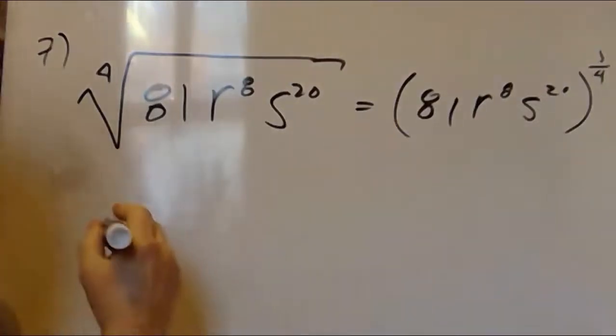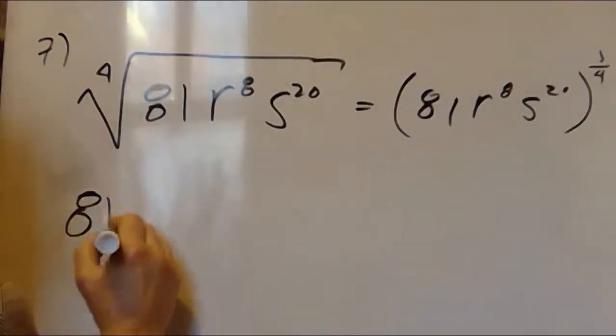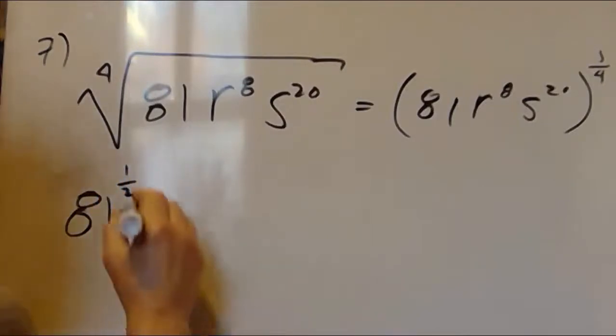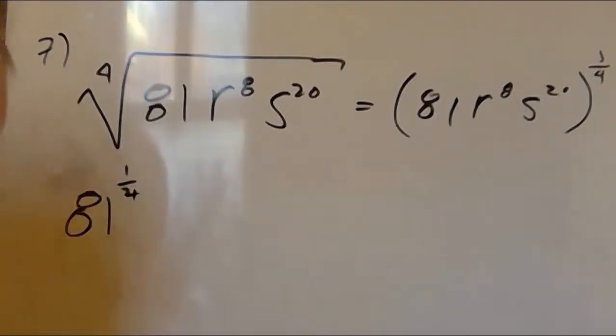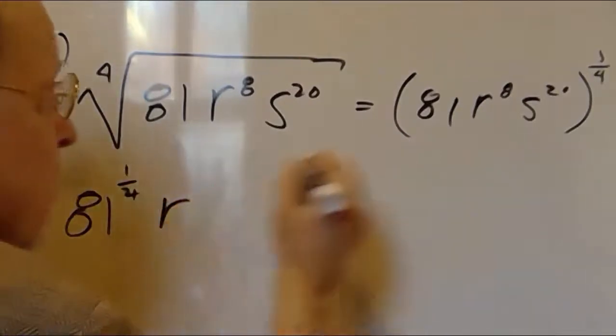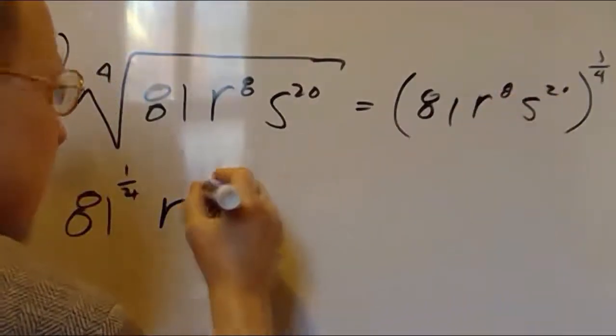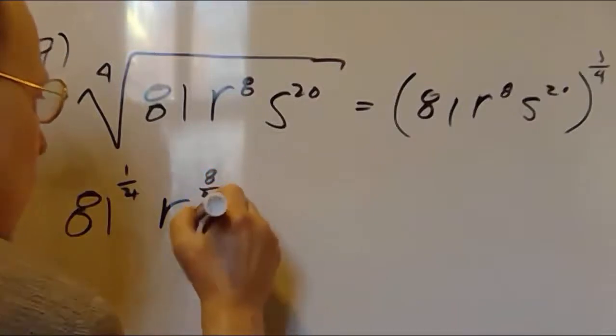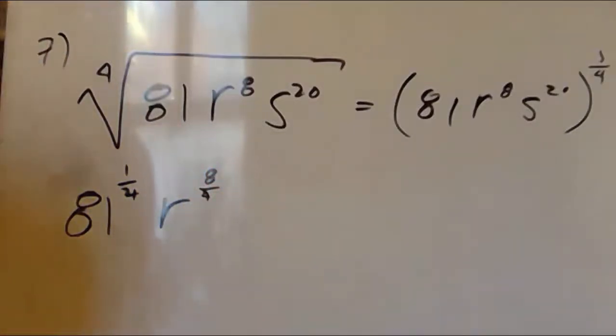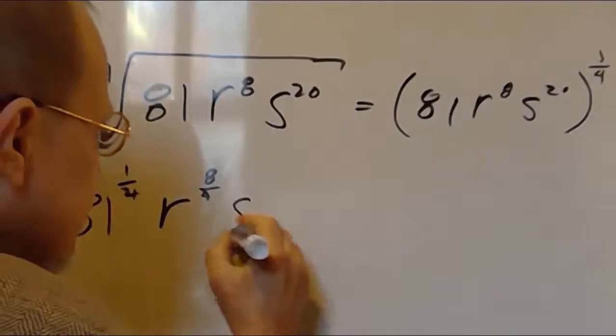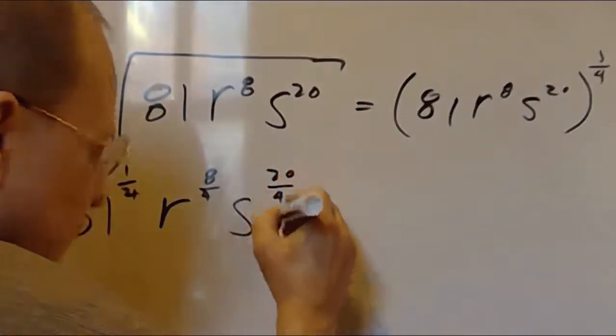Well, we have 81 to the 1/4. And then we have r to the 8 over 4. Then we have s to the 20 over 4.